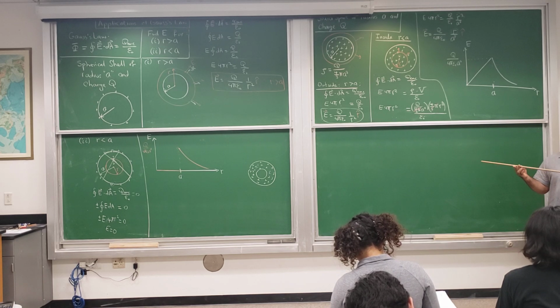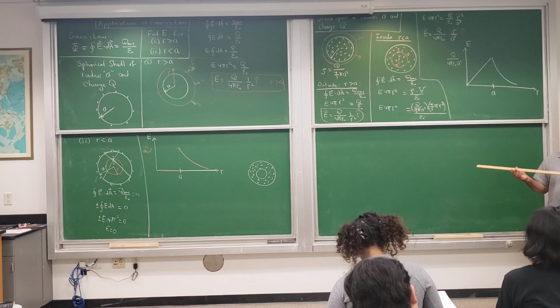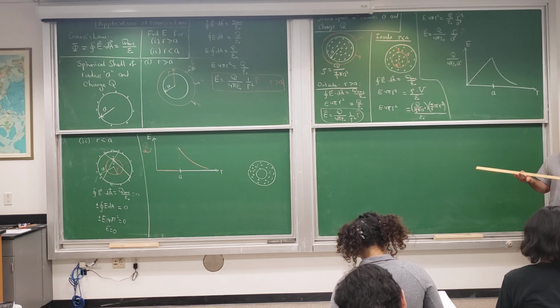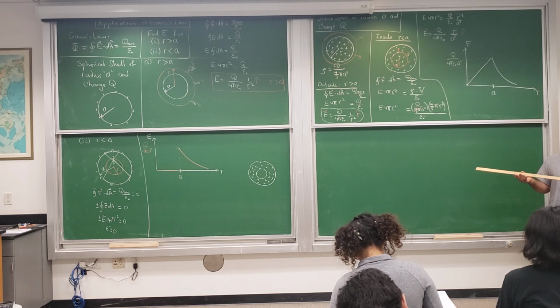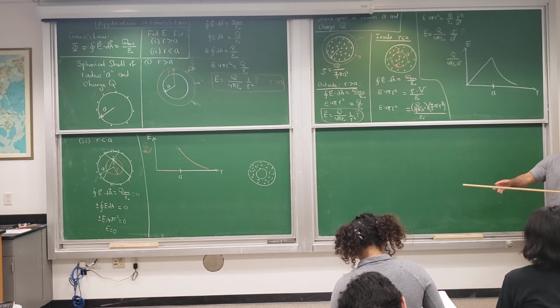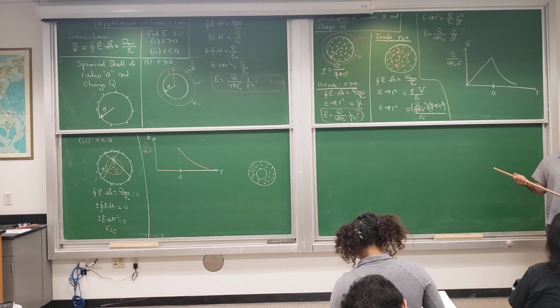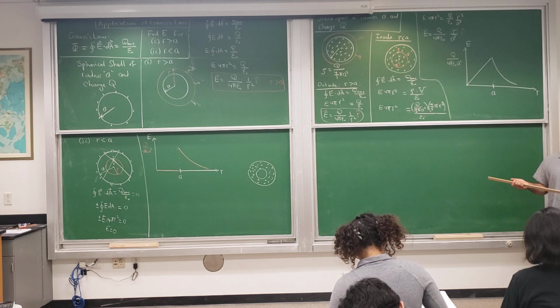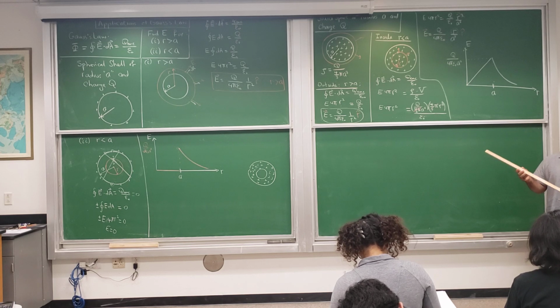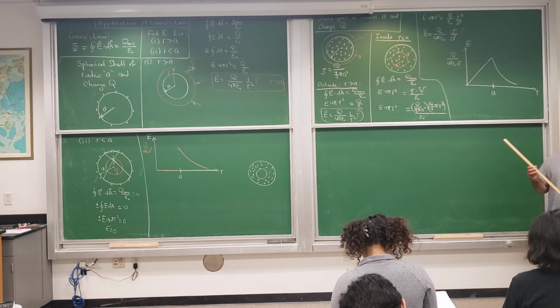However, for insulators, the charges are not free to move. At least they're not easily movable. They're stuck to the atom. For conductors, the charges actually could move throughout the conductor easily. And we're going to talk about a perfect conductor versus a perfect insulator. So perfect insulator, the charges can't move at all. A perfect conductor, the charges can easily move.